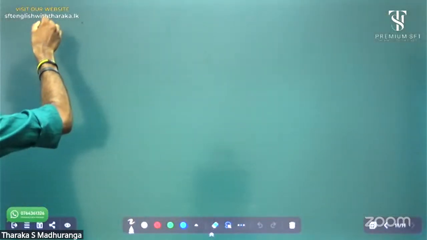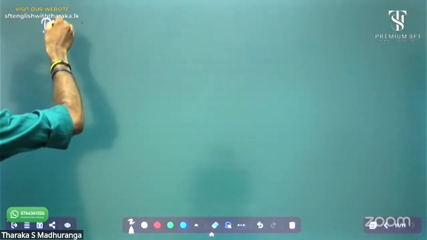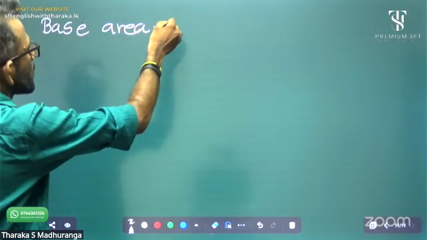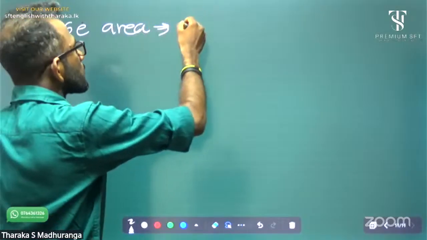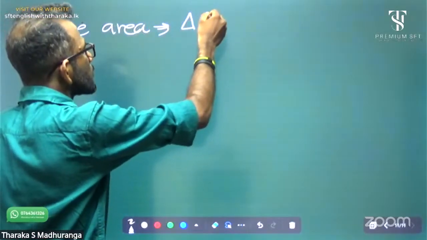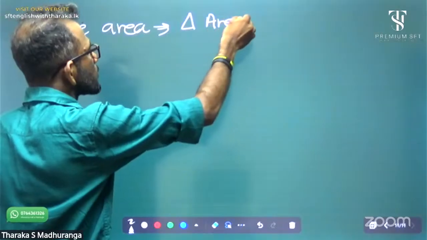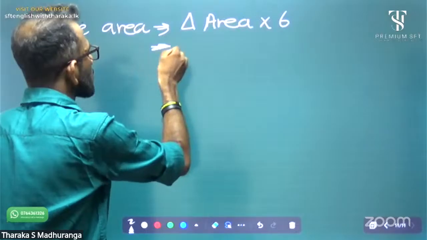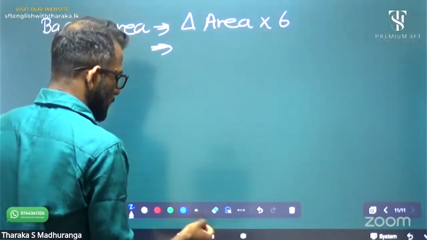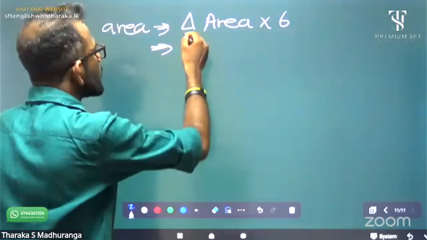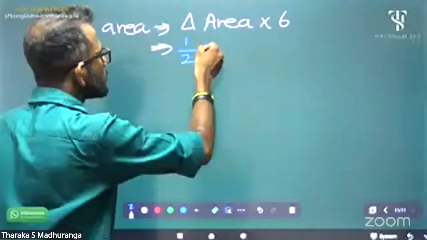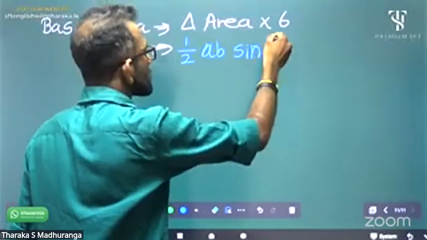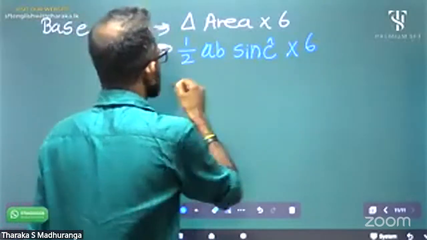Hexagon area or base area equals triangle area multiplied by 6, so half AB sine C into 6.